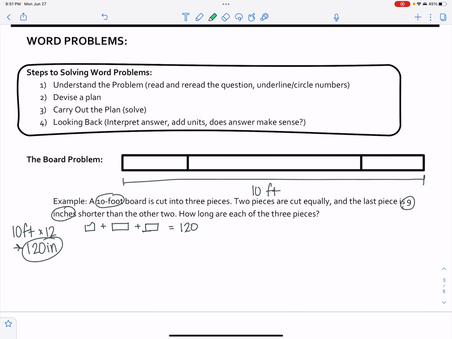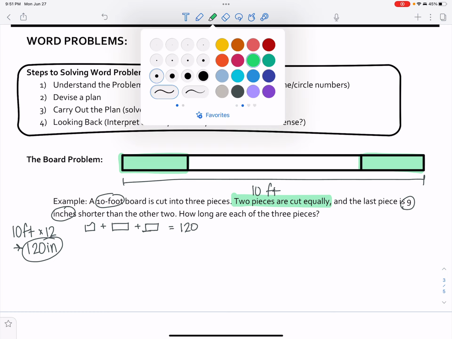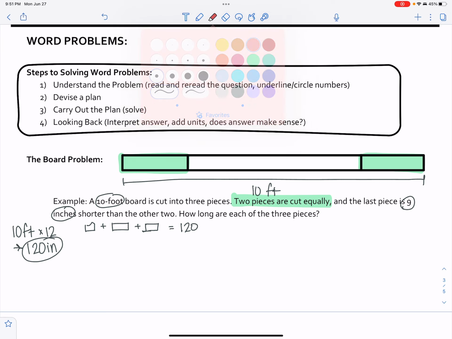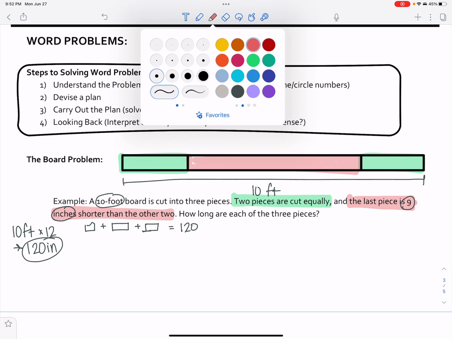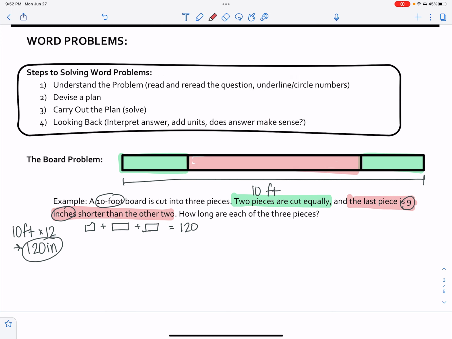Now let's go back to this second sentence. The first part of the second sentence says 2 pieces are cut equally. Okay, so that will be this piece based on my picture and this piece. So 2 of those boards are cut the same. The next part, the last piece is 9 inches shorter than the other 2. So this piece here in the middle is 9 inches shorter than the first 2 pieces.